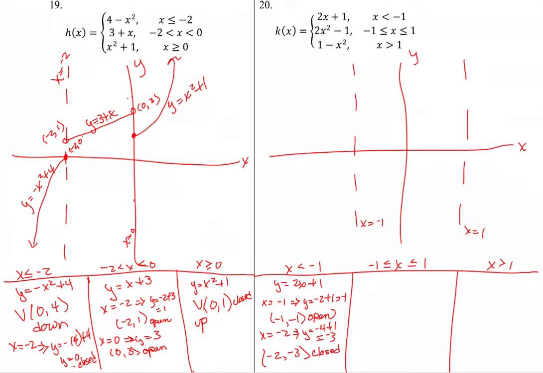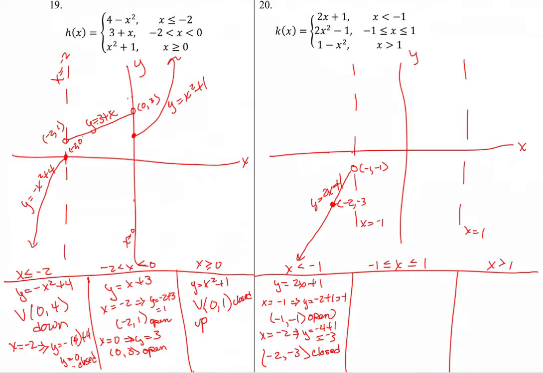So let's go ahead and graph that line. I have an open circle right here at negative 1, and then I have (negative 2, negative 3), and so this is the line y equals 2x plus 1.